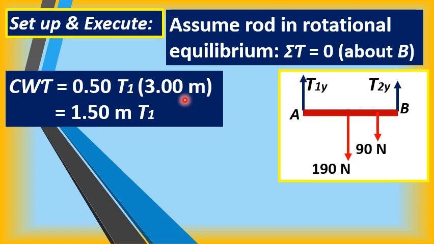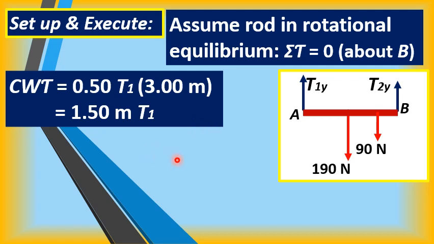By definition, the lever arm is the perpendicular distance from the line of action of the force to the chosen axis of rotation. And here, the lever arm that we use is simply equal to the length of the rod, equal to 3.00 meters. So, multiplying them, in terms of T1, we have the torque due to T sub 1y, which is 1.50 meters times T sub 1.